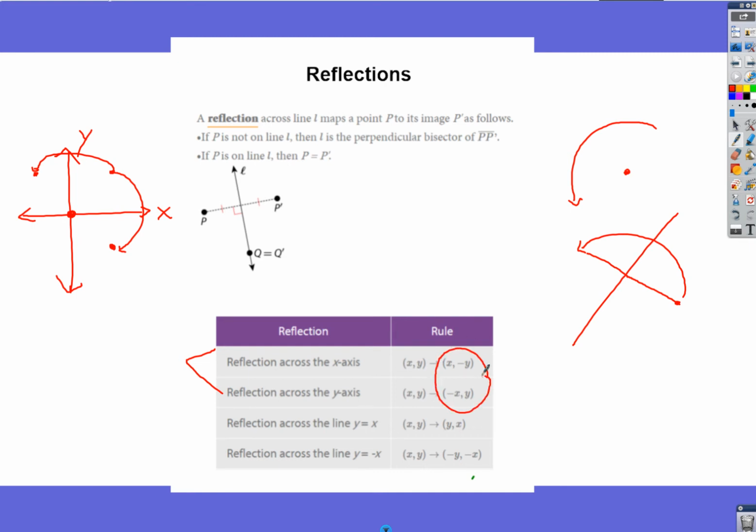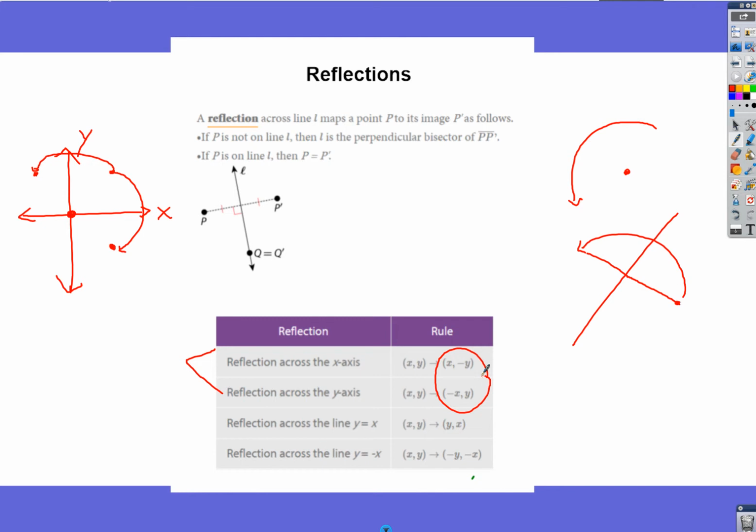If we look at both of those, what do they both have in common? Okay, but I would actually argue that's more of a difference. You're going to see negatives here. X and Y stay in the same position. Okay, we don't have to switch the X and Y. That's the first thing I would want you to notice. So flip over an axis, leave the X and Y where they're at. That's what they have in common.